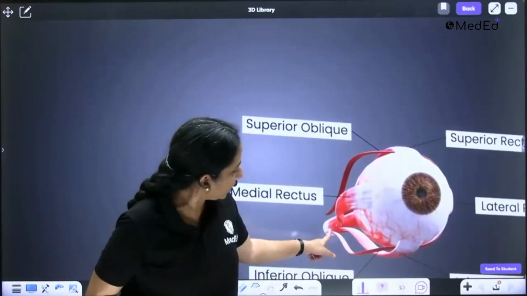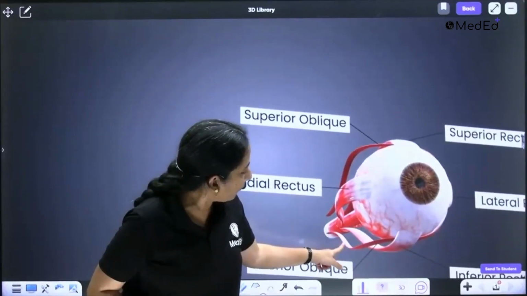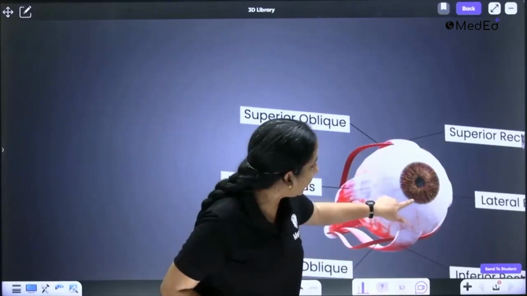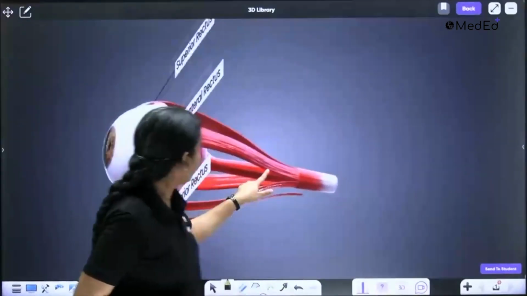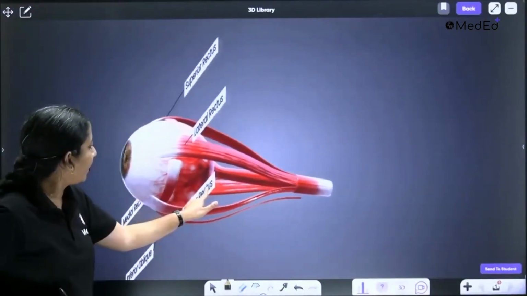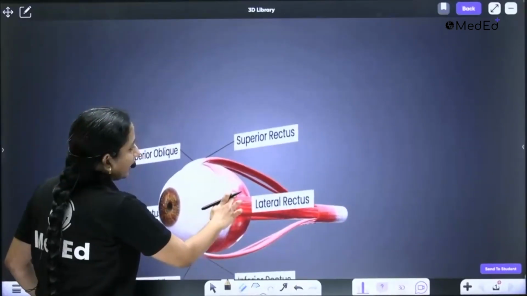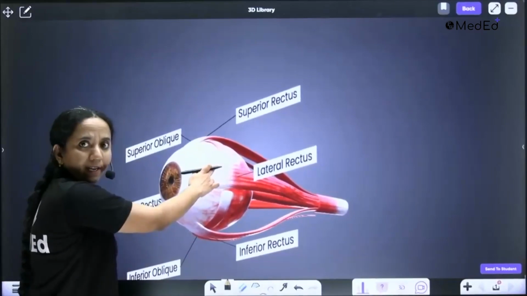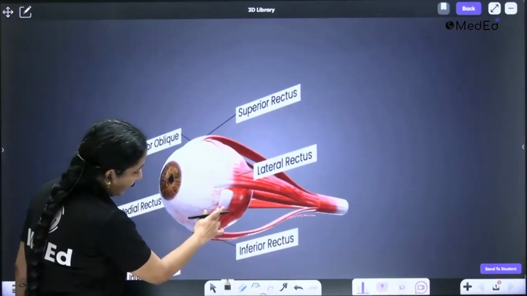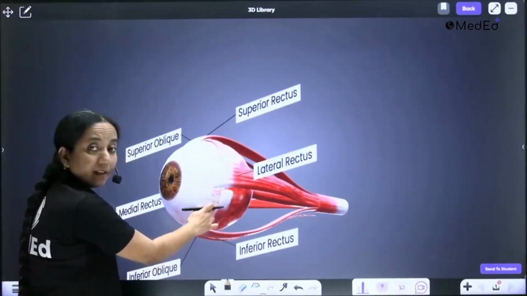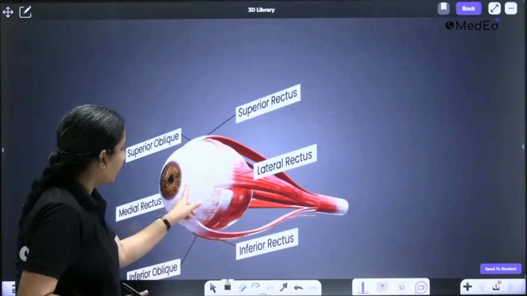So you can see this is your IO. It is arising from the floor of the orbit, and ultimately it is also getting inserted on the lateral side very close to the lateral rectus. So see, this is your lateral rectus. You saw the insertion of the SO here in the superolateral quadrant, and this is the insertion of the IO in the inferolateral quadrant.